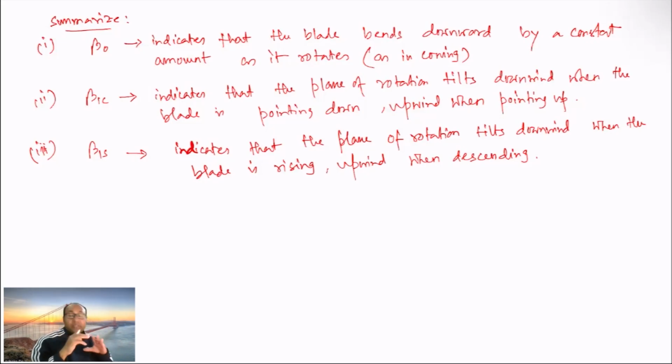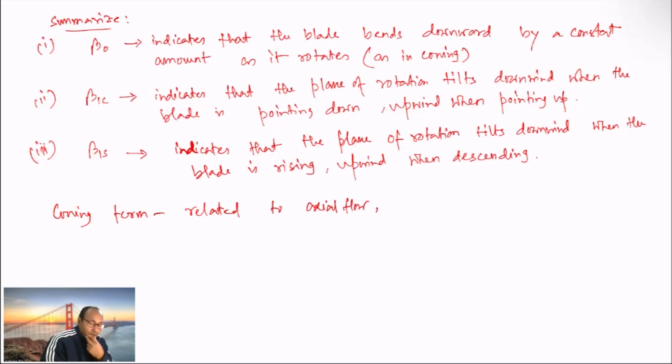So the coning term is related primarily to the axial flow, blade weight, and spring constant. Okay.